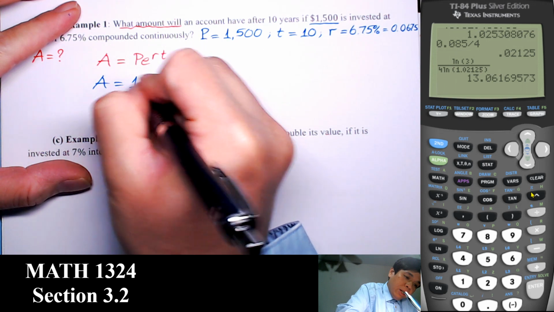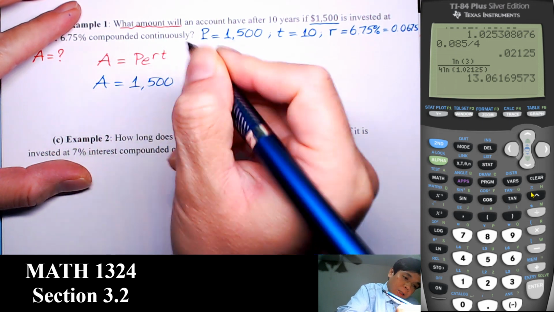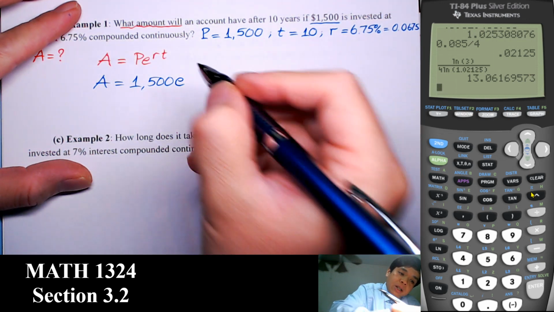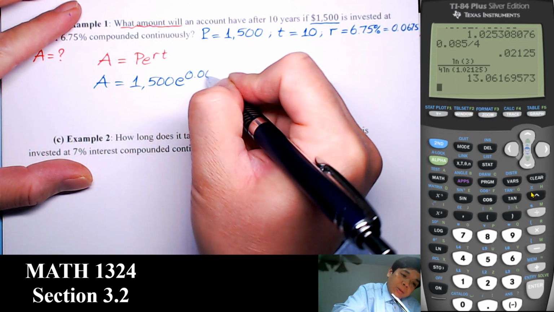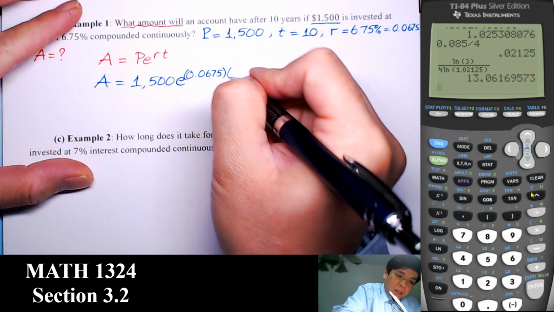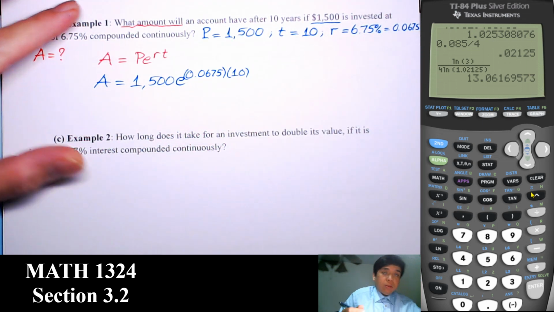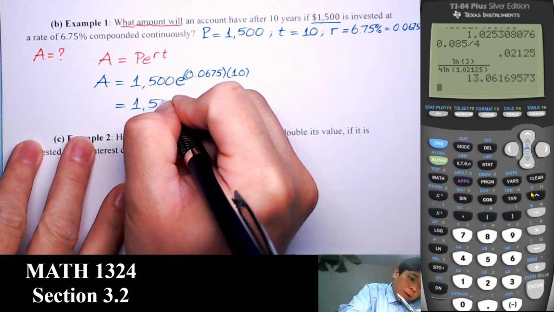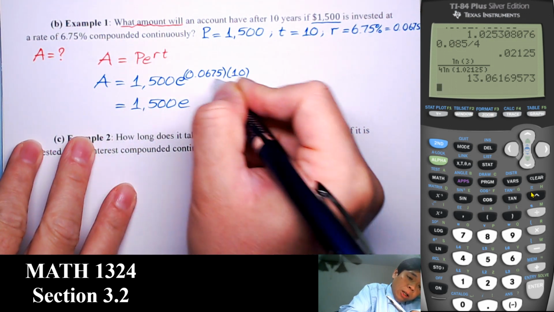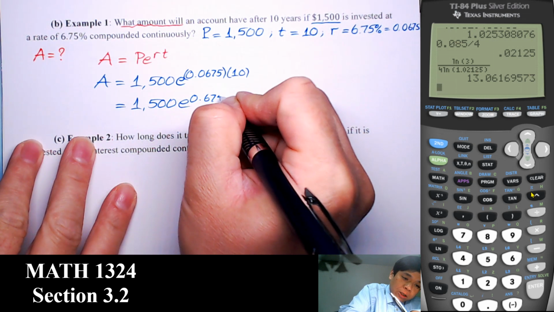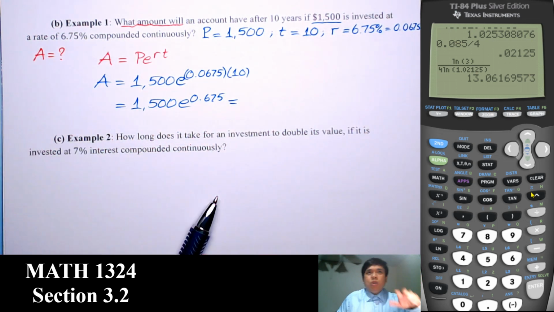Principal of 1500, e, the rate times 10. Times 10, we just move the decimal place one to the right. Or just put all of them on the calculator, it doesn't matter.